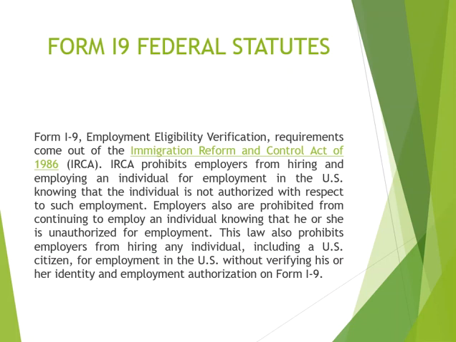Employers also are prohibited from continuing to employ an individual knowing that he or she is unauthorized for employment. This law also prohibits employers from hiring any individual, including a U.S. citizen, for employment in the U.S. without verifying his or her identity and employment authorization on the Form I-9.